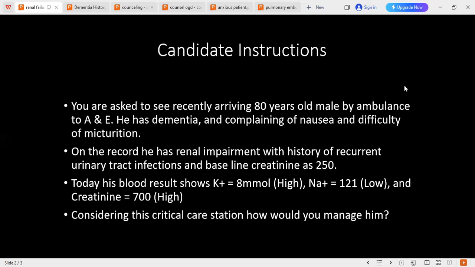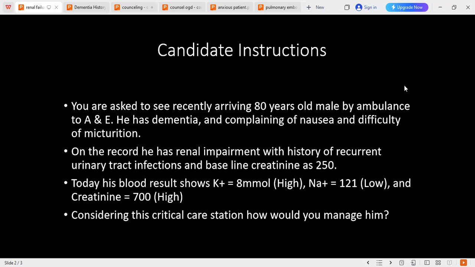What are the complications that can result because of acute kidney injury? Complications mainly are acute renal failure, that is increase in uremic toxins, which can result in multi-organ failure and pulmonary edema.